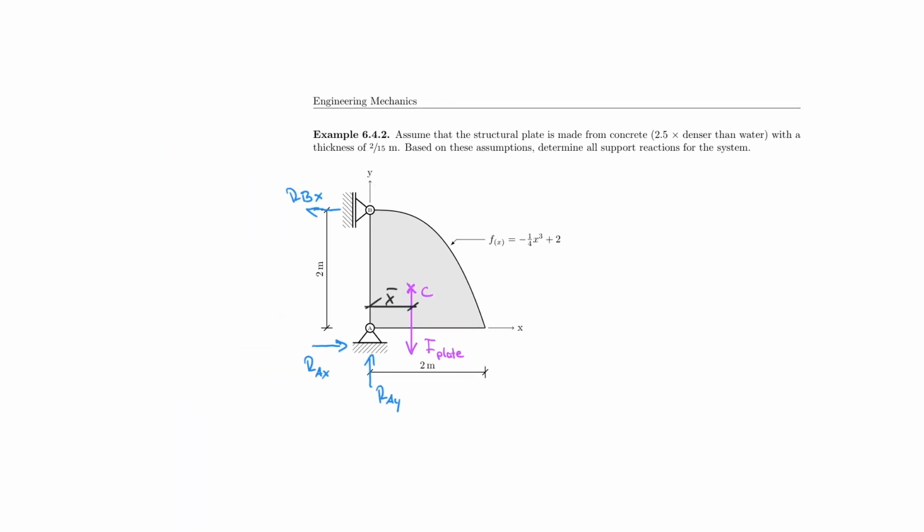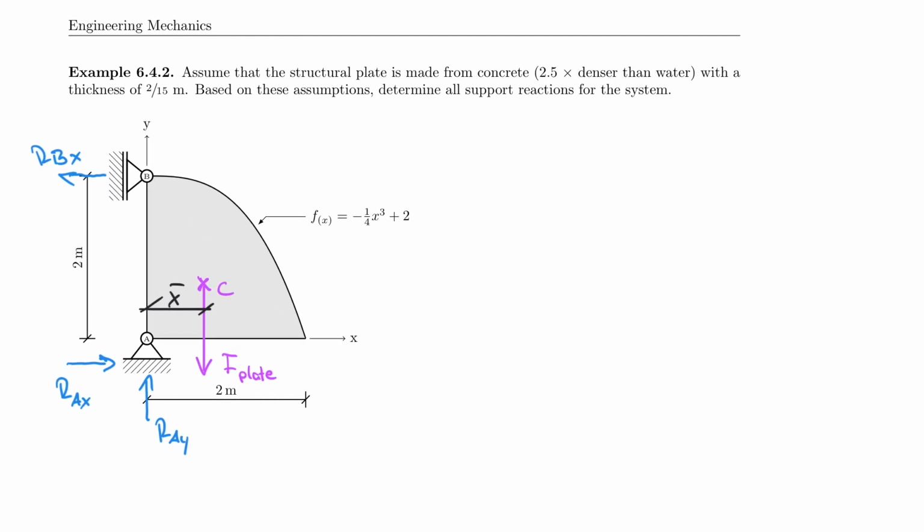So by taking the sum of the moments about point A, sum of the moments about point A is equal to 0, counterclockwise positive, and 0 is equal to RBX multiplied by the height, which is 2 meters. And then that turns counterclockwise, so I'm going to make that positive.